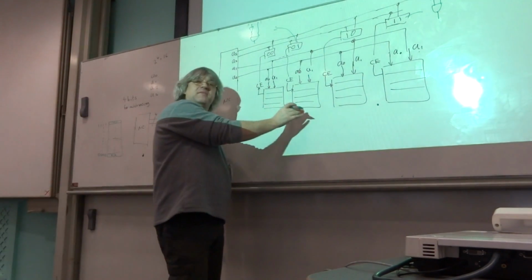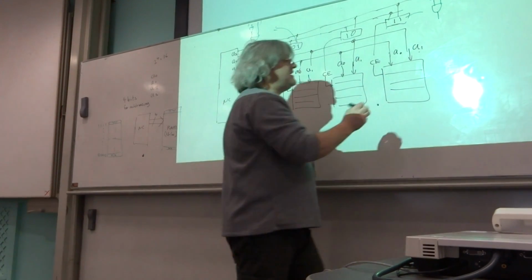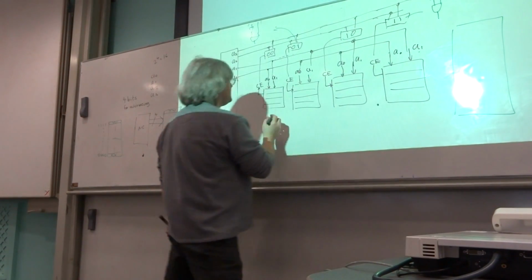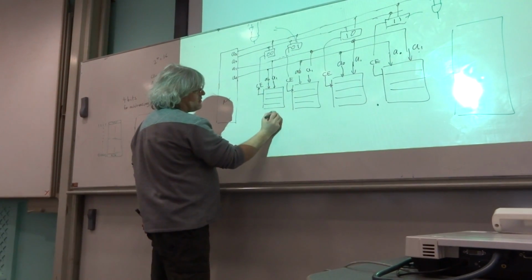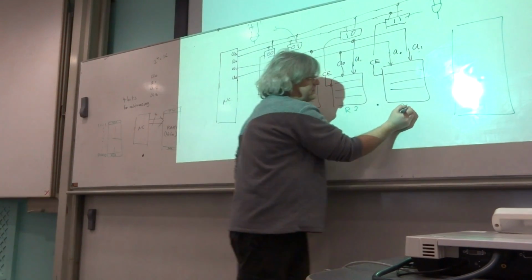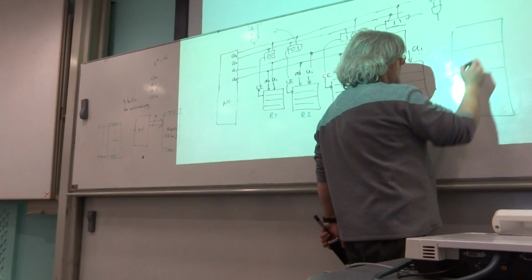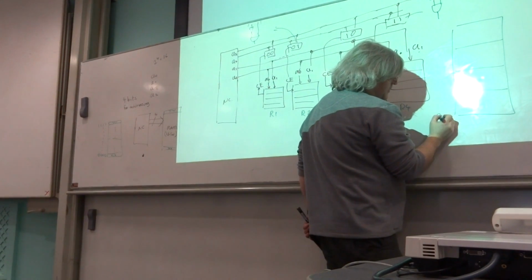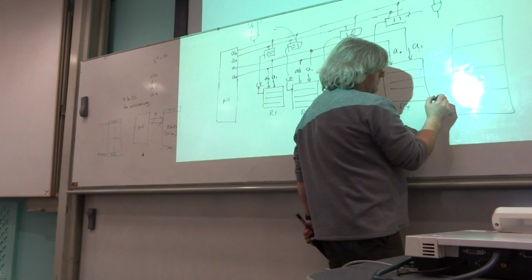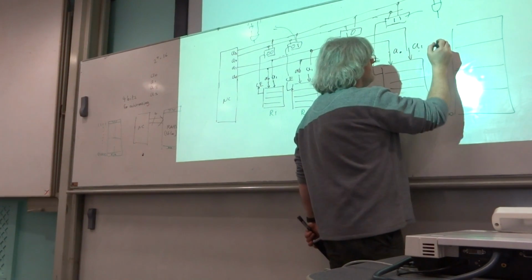If I was to draw the memory map of this system, it would look slightly different. Let's say we'll call this R1, R2, R3, R4. What you would find is from location 000 to, where are we going to go? 011. Yeah.